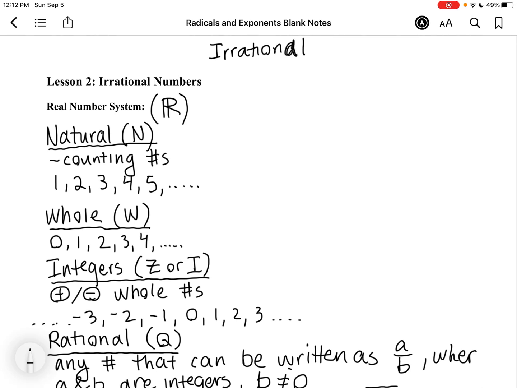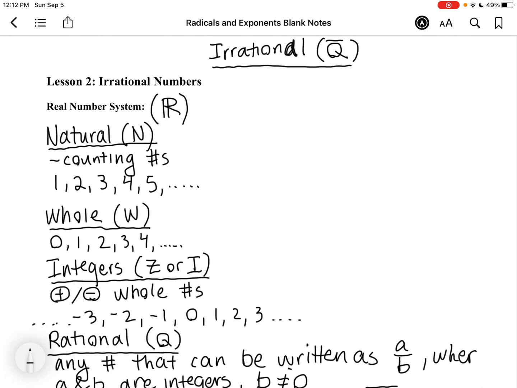Okay, irrational numbers uses this symbol. It's a Q with a little hat on top. And the hat in set theory means not. So essentially we're saying not Q, not rational. Okay, and this has the opposite definition to rational numbers.